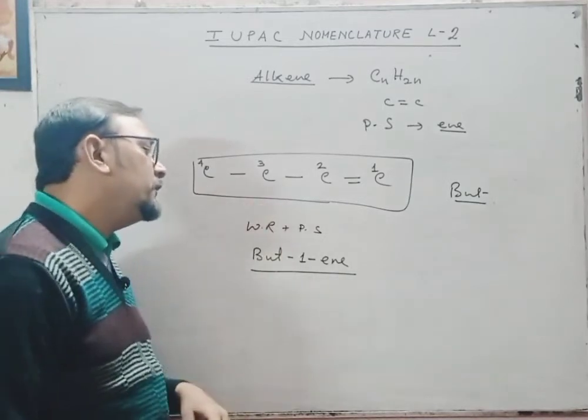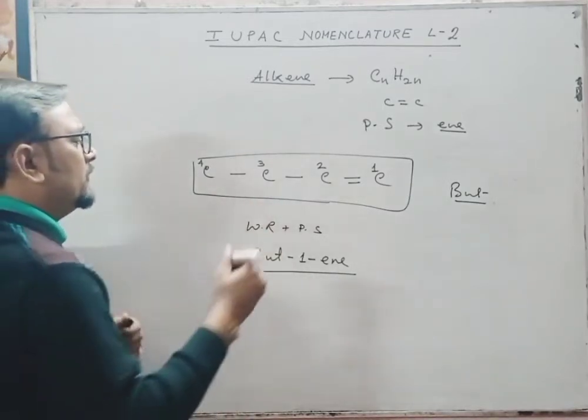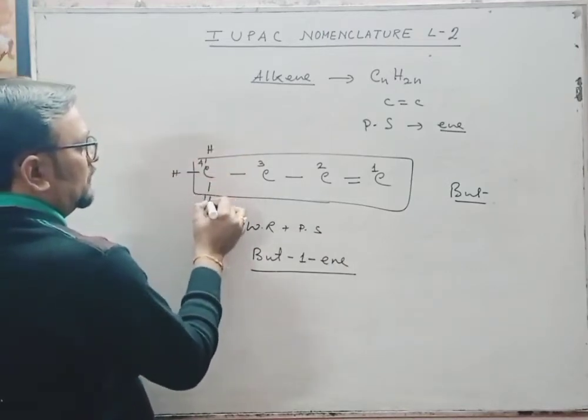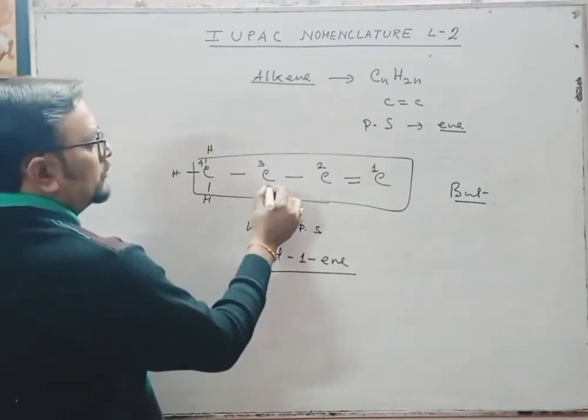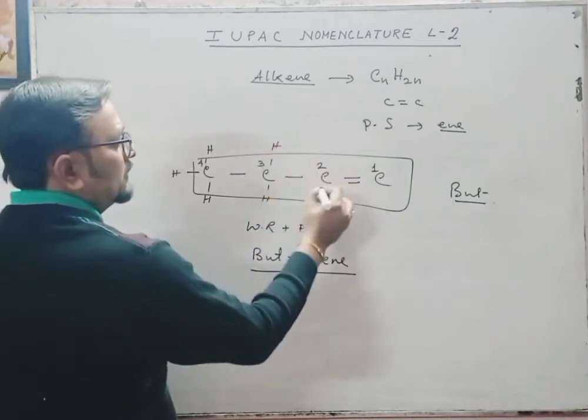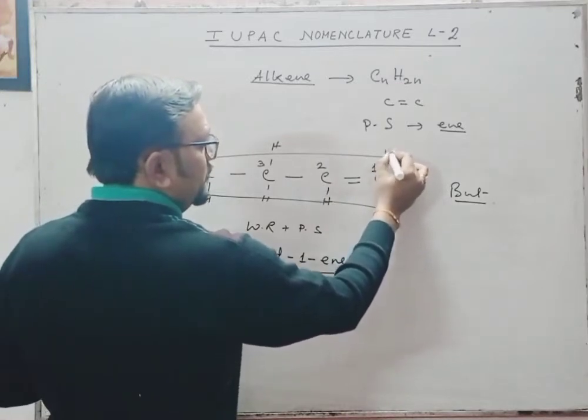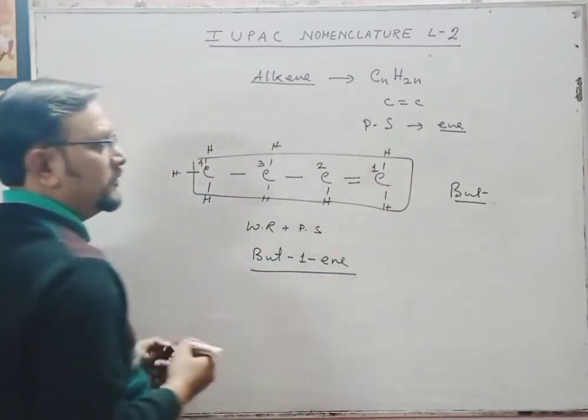This is a simple way you can do, and finally you can write the hydrogens. 1, 2, 3 already given, so 1 hydrogen, 1, 2, so here 1 and here 1 is also given.